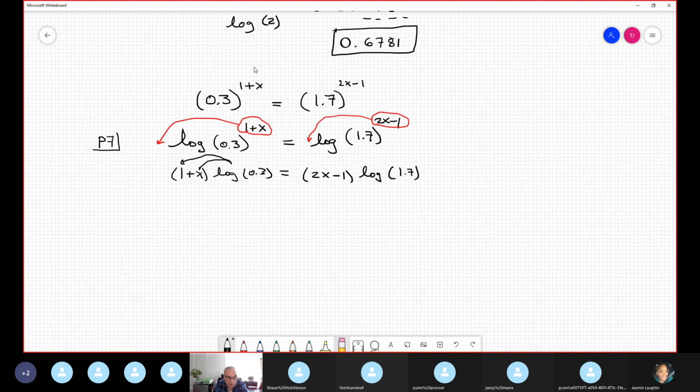Distributive property. 1 times logarithm 0.3 is logarithm 0.3. X times logarithm 0.3 is x times logarithm 0.3. On the right hand side, exactly the same. 2x times logarithm 1.7 is 2x times logarithm 1.7. And negative 1 is negative logarithm 1.7.